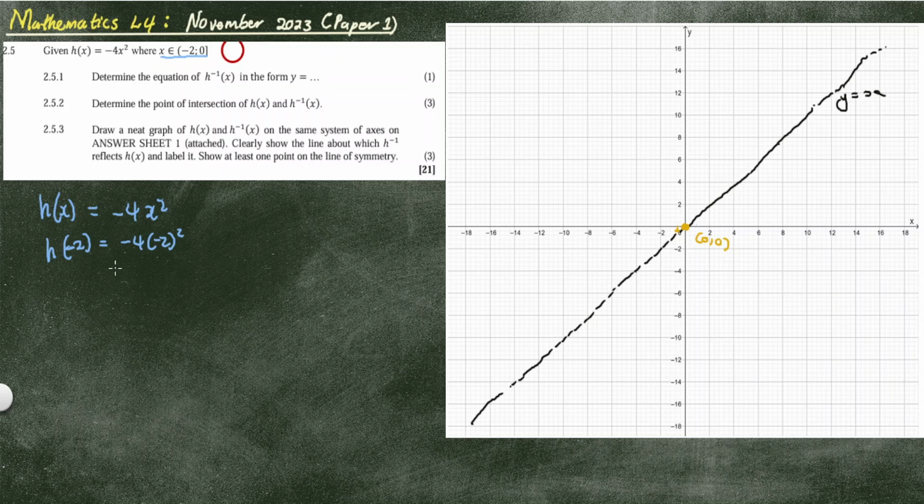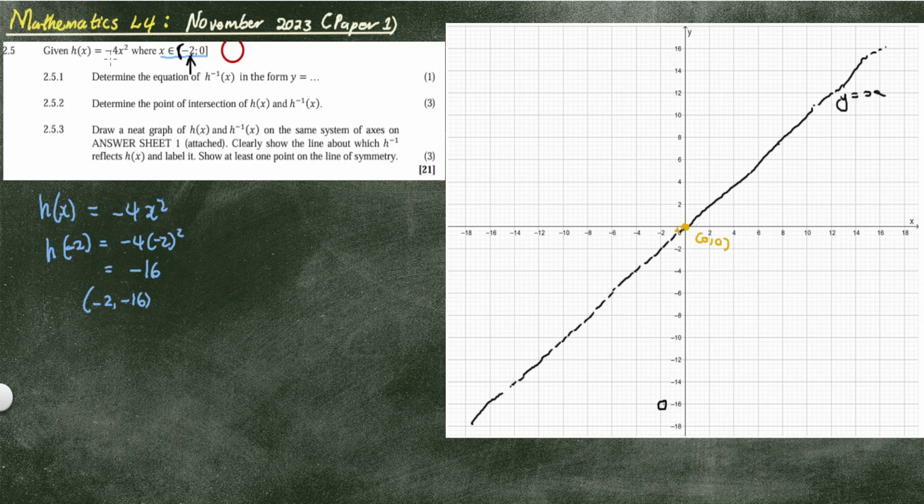Minus 2 squared gives me 4, and positive 4 times negative 4 is negative 16. So I have the point minus 2 and minus 16. But we have to exclude this one with an unshaded circle, because minus 2 is excluded.